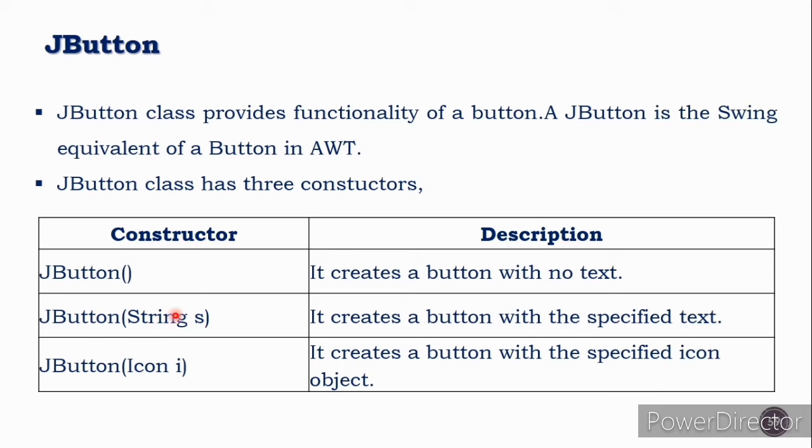Suppose I am passing hello here, it means on the button it will print hello. Next, JButton(Icon i). Already we have seen icon with a label. It creates a button with a specified icon object. Whatever image we pass, that image will be displayed on that JButton.